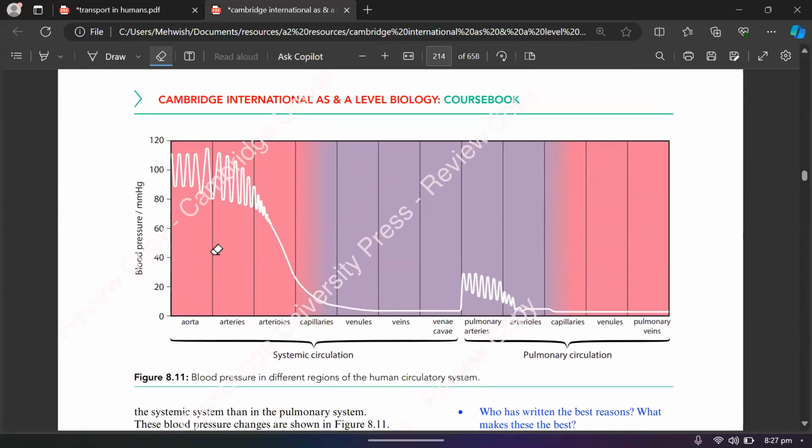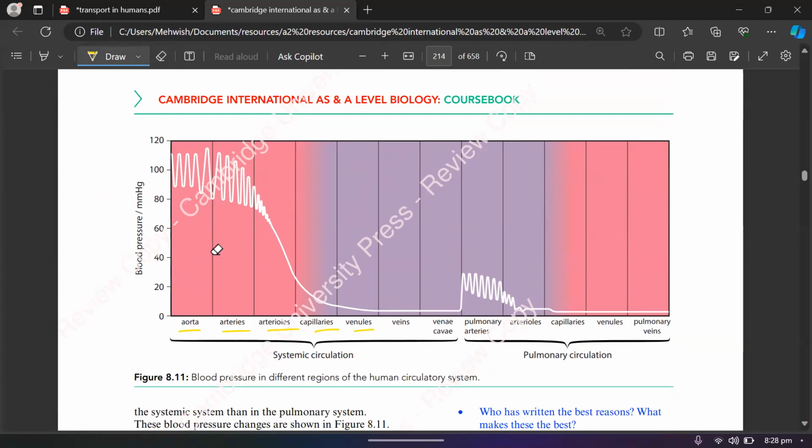If we talk about the blood vessels and the whole network of blood vessels present in our body and heart, the blood vessels that are coming out from the heart, that are entering into the heart, that are supplying blood to the different parts of the body, they are mainly aorta, arteries, arterioles, capillaries, venules, veins, vena cava.